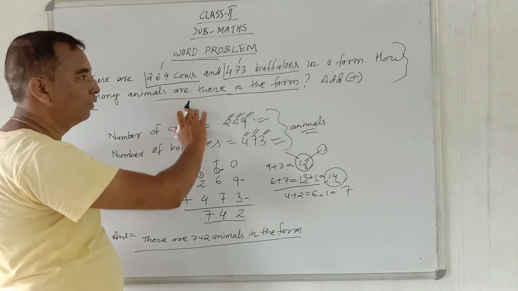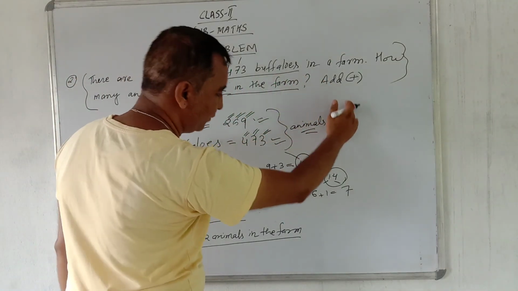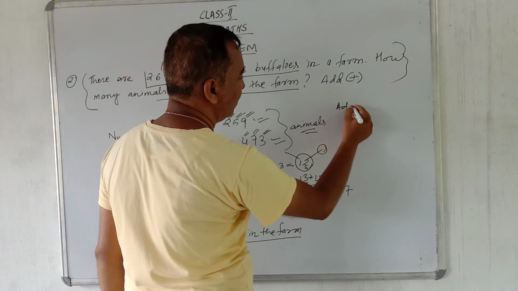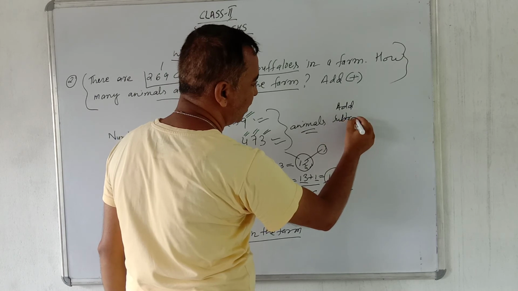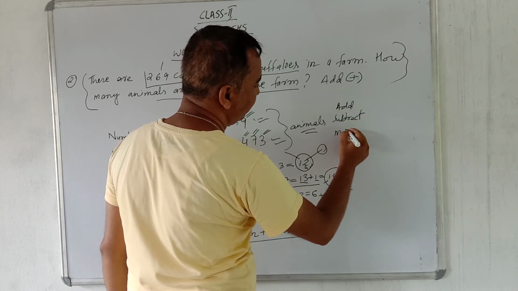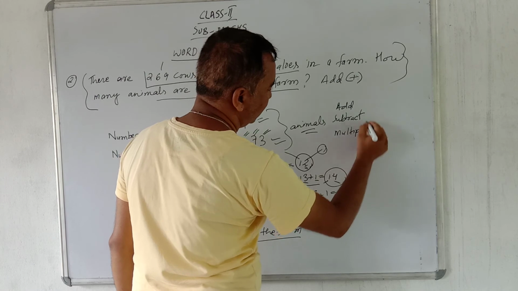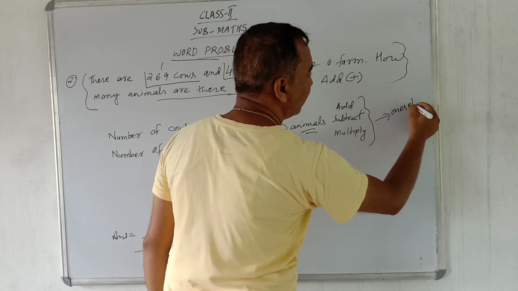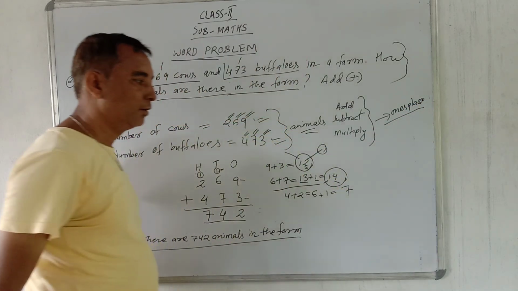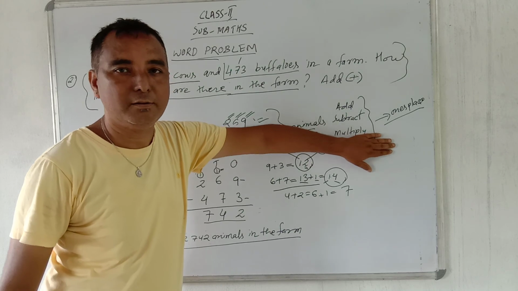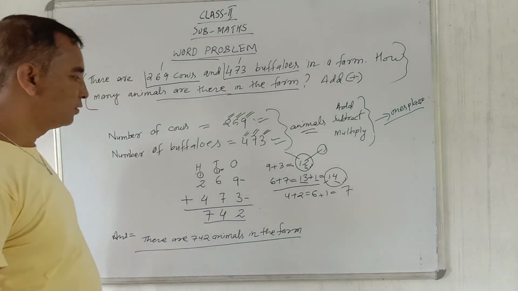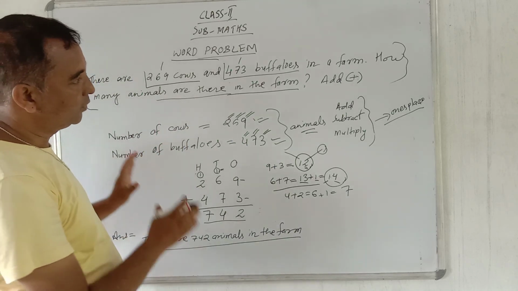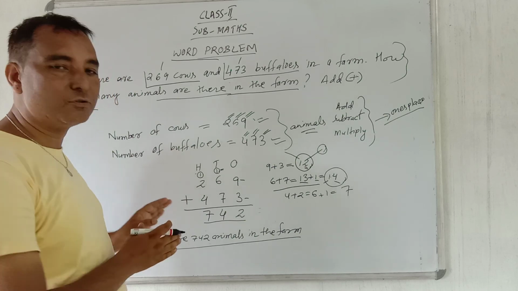After you are clear about the statement, you start doing the sum, and whether you add, subtract, or multiply, all these things we have to start from the ones place. So keep this in mind also. Don't forget. Understood? So this is the first example and this is the second example. Please go through them. Try to understand how you have to solve the problem.